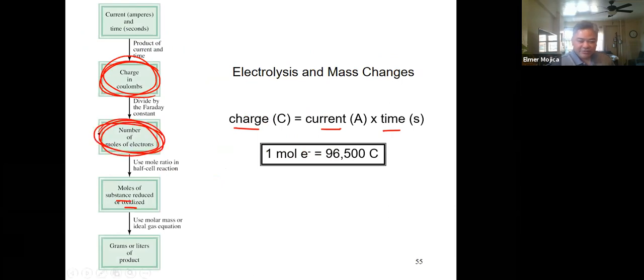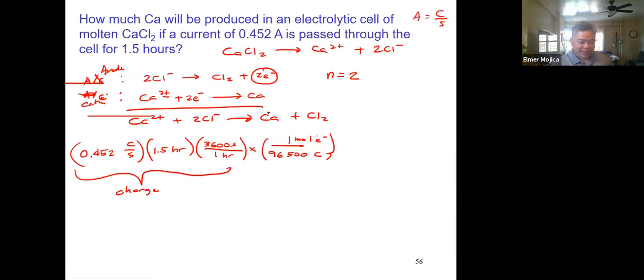And what's the next thing that we're going to do? Use the mole ratio. So the mole ratio is what? For every 1 mole of calcium, because calcium is the one that's being asked, there are 2 moles of electron. So what do we have here?